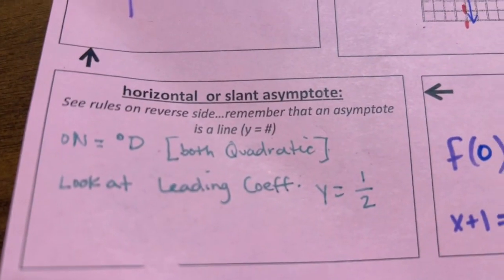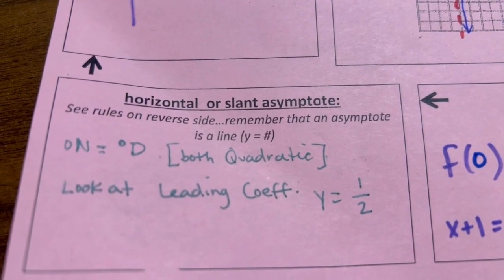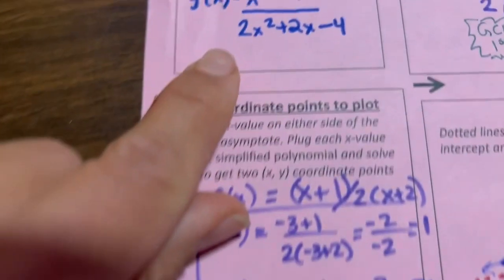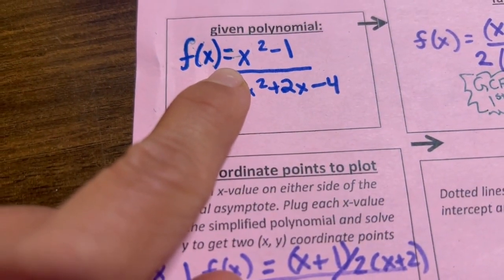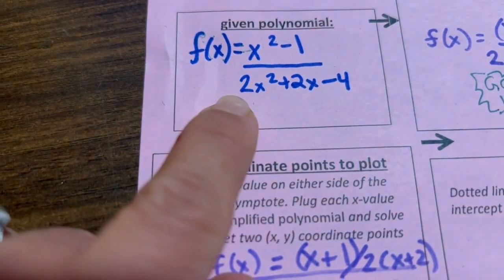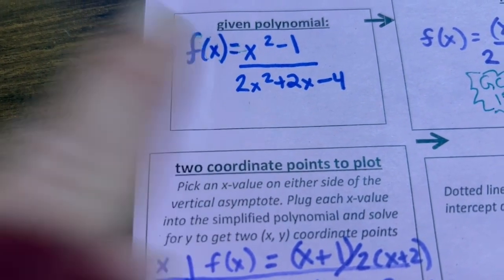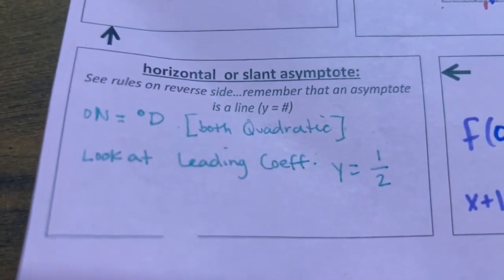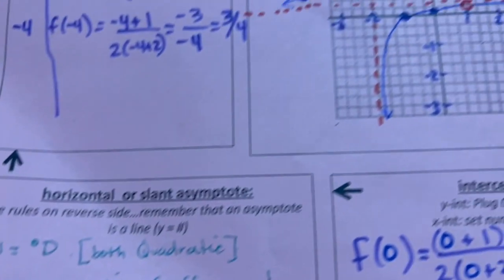They have the same degree, so the rule is that if the degree is equal, you look at the leading coefficients of the polynomial. So on these leading coefficients, in my numerator, the leading coefficient is a 1, even though I don't see it. The leading coefficient in my denominator is a 2, giving us the ratio of 1/2. So y equals 1/2 becomes our horizontal asymptote.